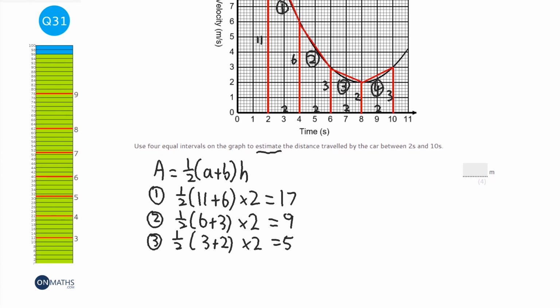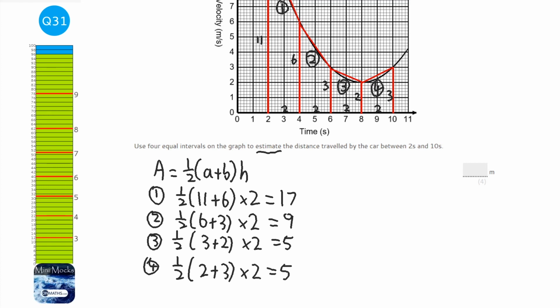The fourth one is half times (2 plus 3) times 2, which is also going to be 5.